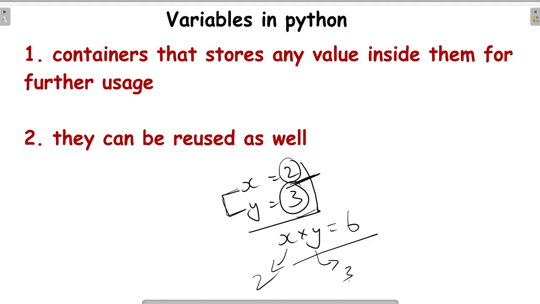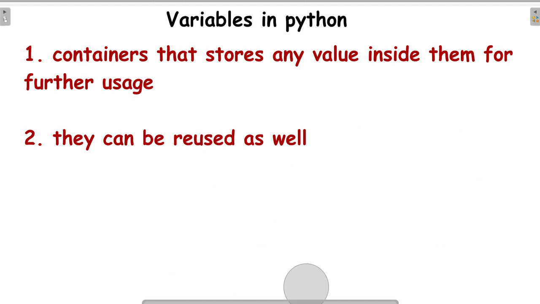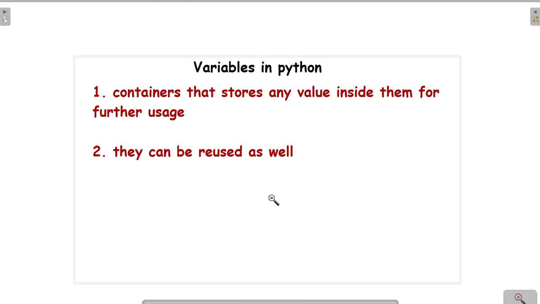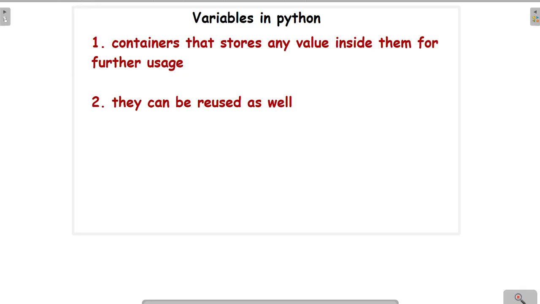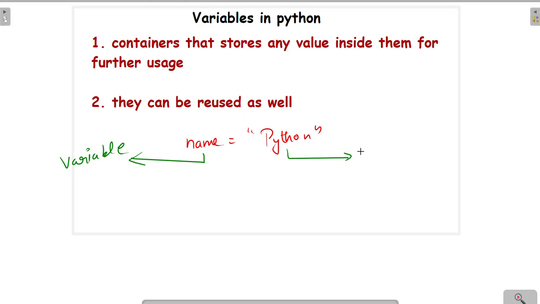Now let's see how variables work in Python. We will use variables like this, the x and y I told you about, but we will be storing some data inside them. If I take a name variable and store a name in it, suppose the name is Python, then name is your variable and Python is the value of the variable.